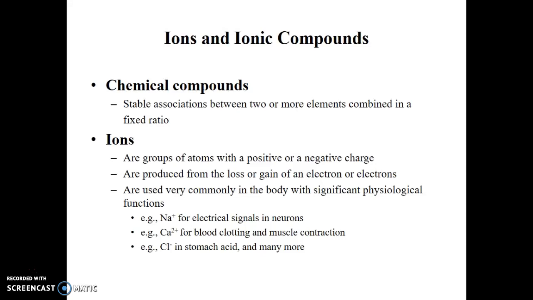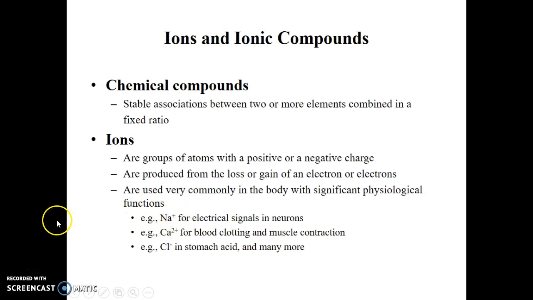So ions are atoms that have either lost or gained an electron and are now considered charged. They can be either positively charged if they've lost an electron, or negatively charged if they've gained an electron. Examples of ions: here we have a sodium ion.